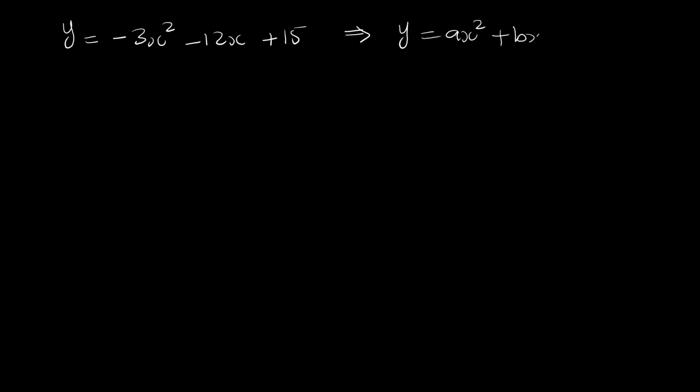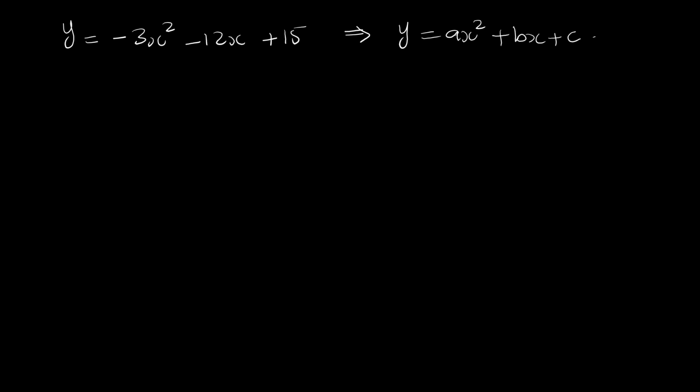Remember, we have y equal to negative 3x squared minus 12x plus 15. So this equation is in the form y equals ax squared plus bx plus c.